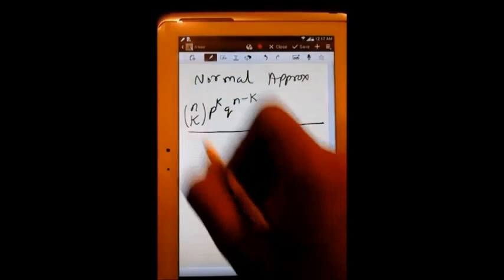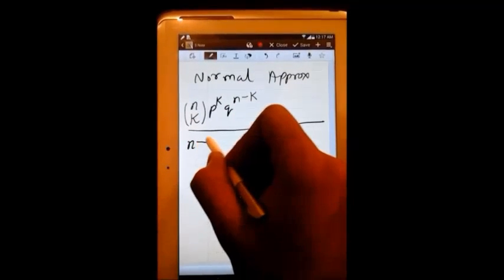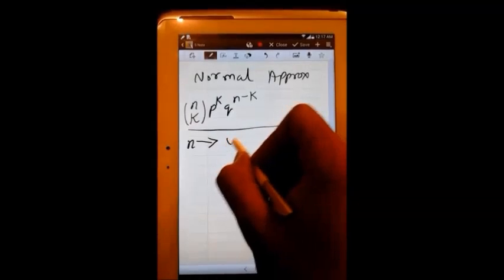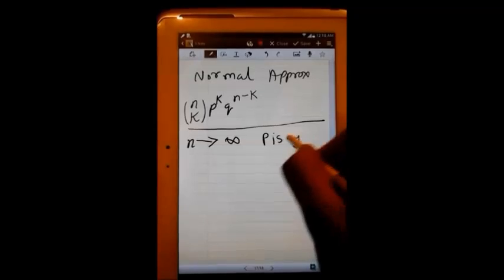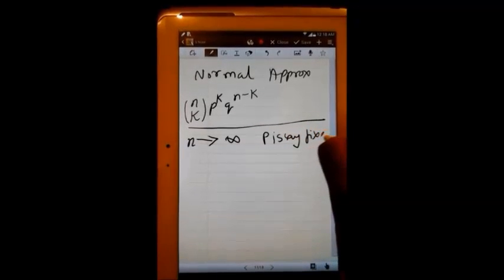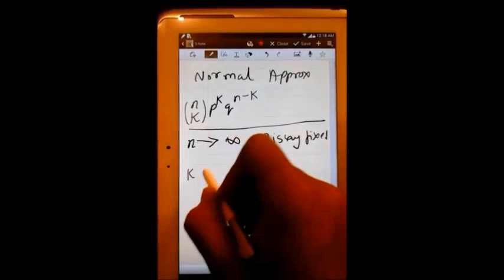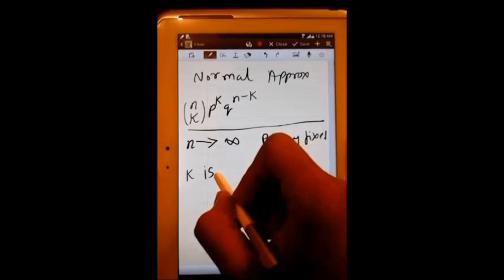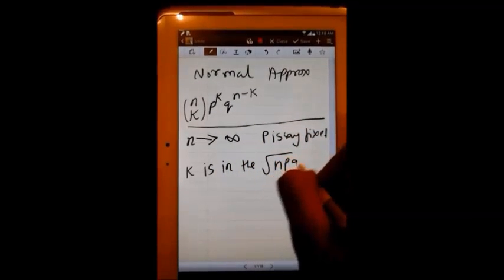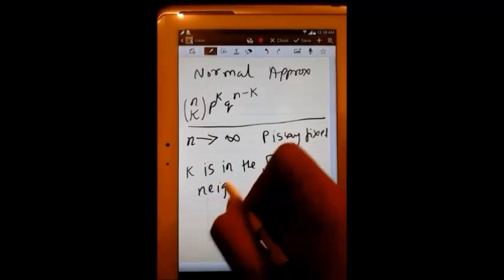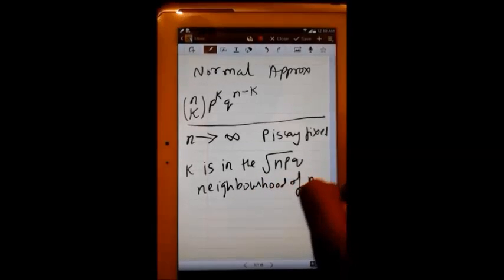For normal approximation, suppose the number of trials n is very large, that is, it tends to infinity, and p is fixed, and k is in the under root npq neighborhood of np.